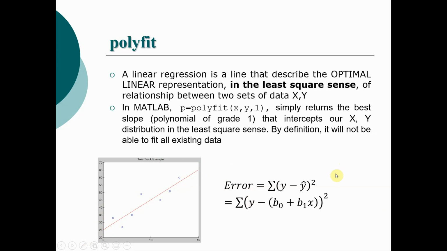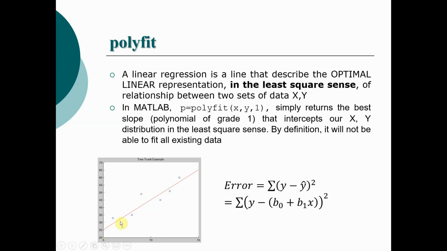How do we find the minimum error? The minimum error would be calculated based on the least square criteria. For any x value of these data points, we have two y's. One is the y of our data value, our measurement, and one is the y at this line.